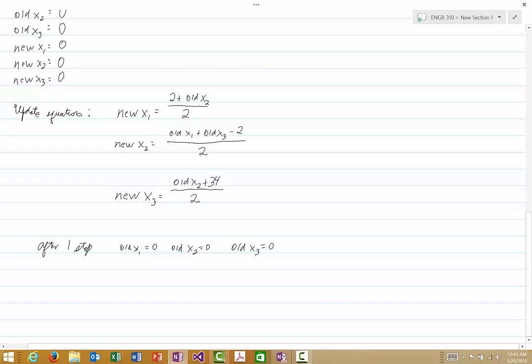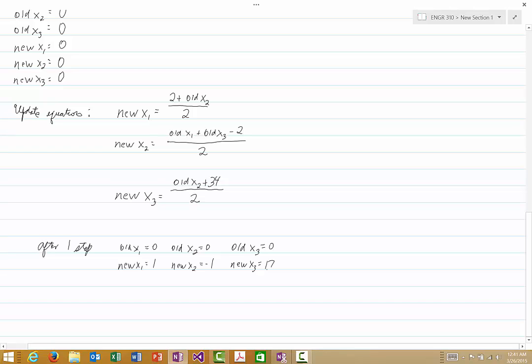But at the end of that first step, what are the new x's? Well, new x1 will be equal to 1. New x2 will be equal to -1. And new x3 will be equal to 17.